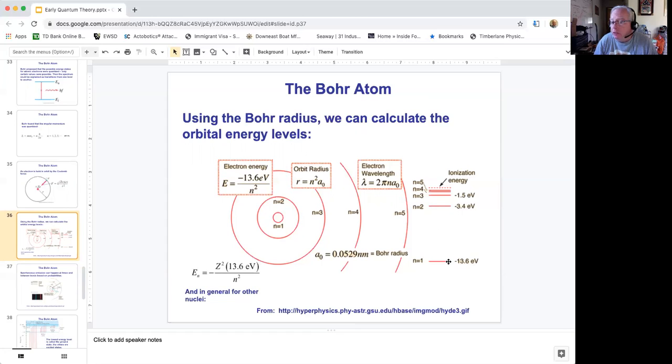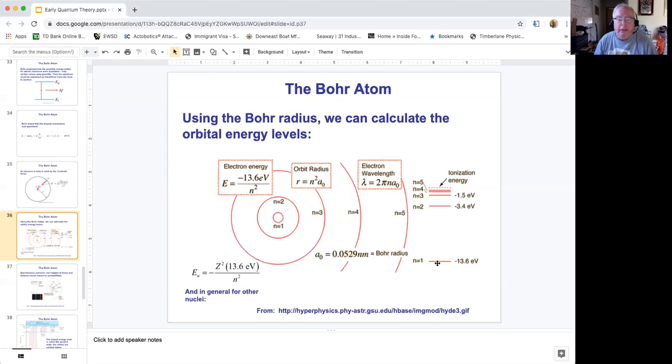And then once you add that to this electron, it's going to pop up here into the free state region with a positive energy. And then it's going to be able to zip around freely. So you will have ionized that hydrogen atom if you apply 13.6 electron volts to an electron in the ground state.